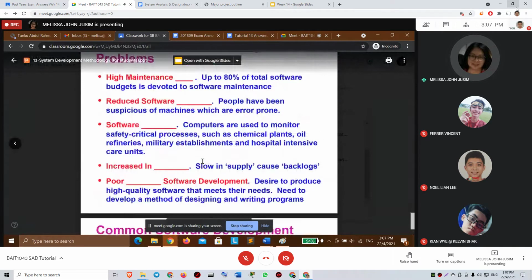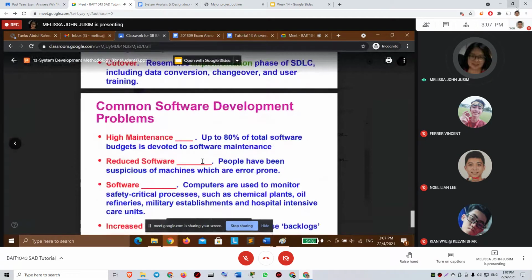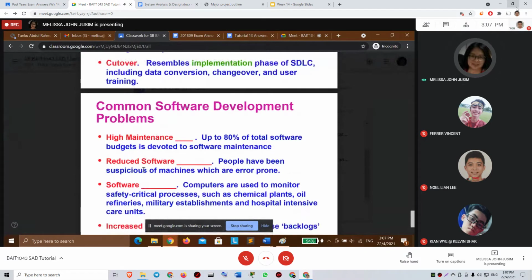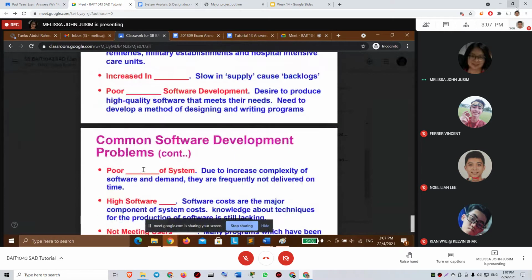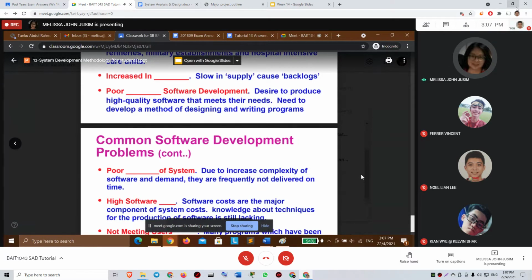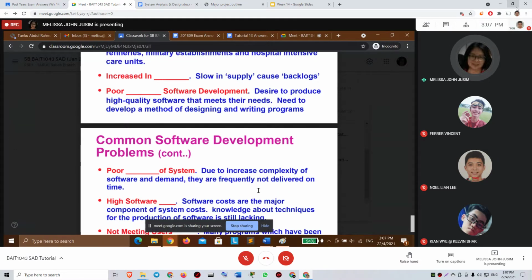This one, the common software development delay. Poor delivery of the system. Why? Due to the increase in the complexity of the software and demand, they are frequently not delivered on time. So we want to know why it is not delivered on time.